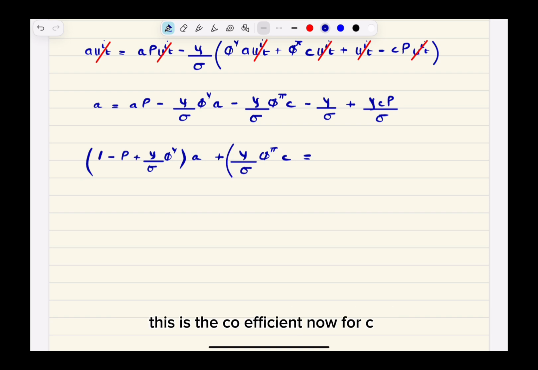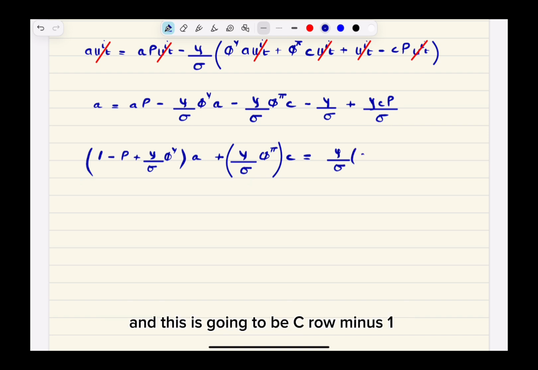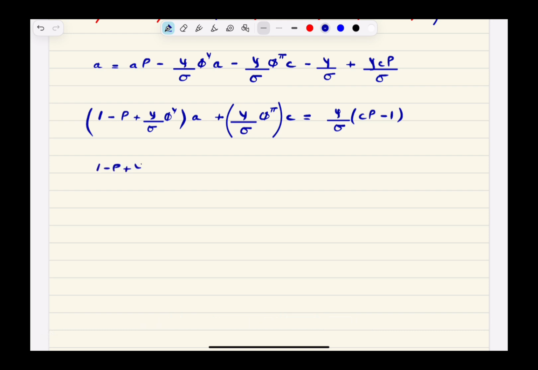This is the coefficient now for c, and we have a constant gamma over sigma, and this is going to be c rho minus 1. We can also, if we want to tidy this up, write it like this: gamma sigma to the power minus 1.